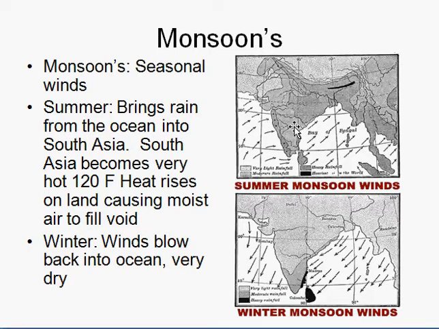Okay, here are the first things that you definitely need to know pertaining to a global spectrum of South Asia. You've got to know the monsoons. These are seasonal winds. Summer monsoons bring winds from the water, and that creates a lot of heat. We're talking 120 degrees of heat and a lot of rain. Forrest Gump, in the movie, you saw him walking in Vietnam, and all of a sudden it starts raining.